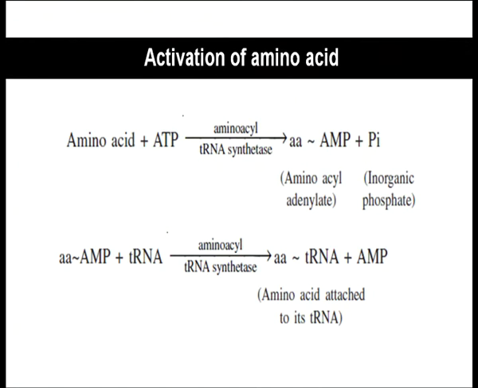In the presence of the enzyme aminoacyl tRNA synthetase, an amino acid AMP complex is formed and pyrophosphate is released. This amino acid AMP joins with tRNA and forms an amino acid attached to the transfer RNA, and adenosine monophosphate is ultimately released. So this is known as the activation of amino acid.